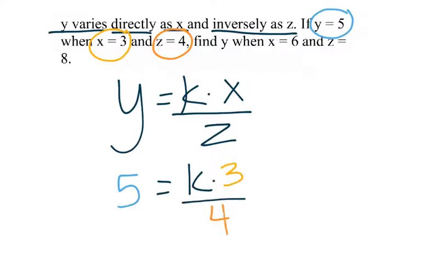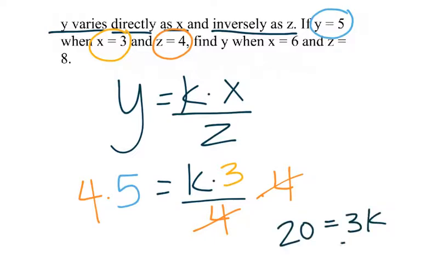Alright, so this is what I have. The first thing I'm going to do is get rid of the 4. So I'm going to multiply by 4 on both sides. So remember, these cancel out. So now what I have is 20 equals 3K. And then the last thing I'm going to do is divide by 3. So now I know that K equals 20 thirds.